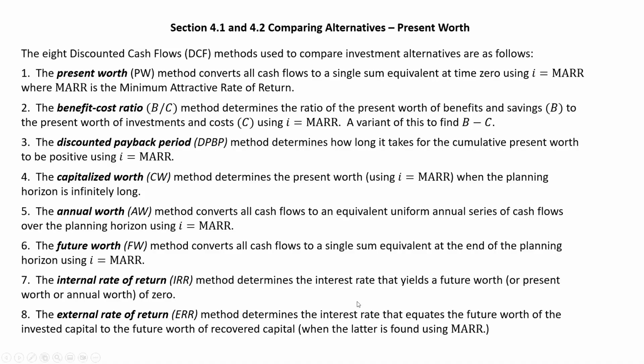It determines the interest rate that equates the future worth of the invested capital to the future worth of the recovered capital, when the latter is found using the minimum attractive rate of return.